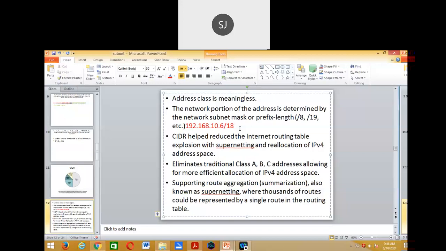What is the notation? In my organization, I have got 300 hosts.